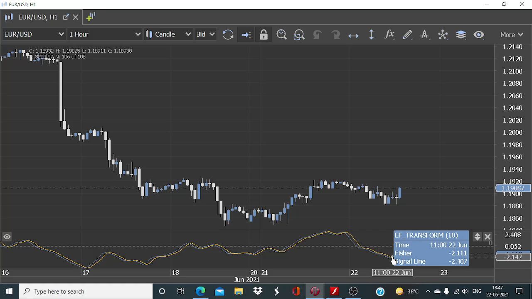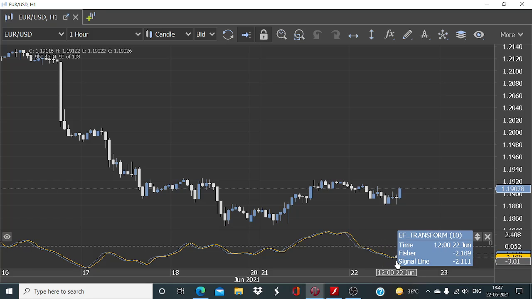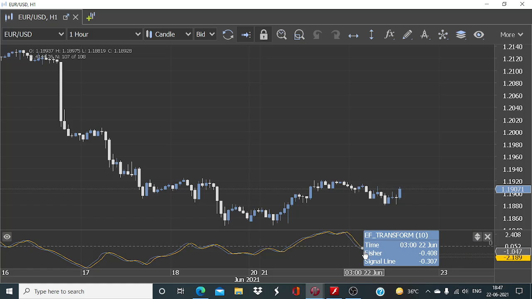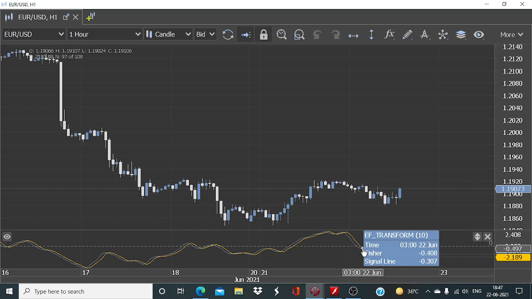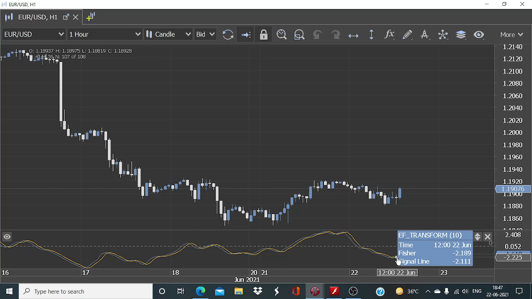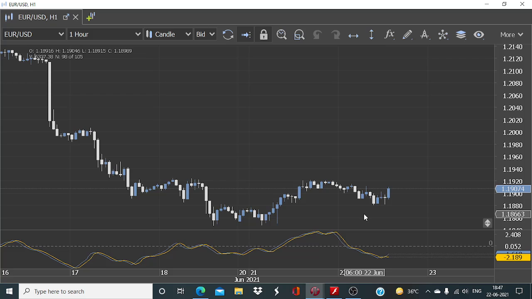Whatever was the output value for the EF transform 10 hours back, the last hour's output value should be below those values. So we will have to compare the Fisher line data for the last hour with the Fisher line output for 10 hours back, and same thing for the signal line. Signal line of last hour should also be below the signal line output of 10 hours back.